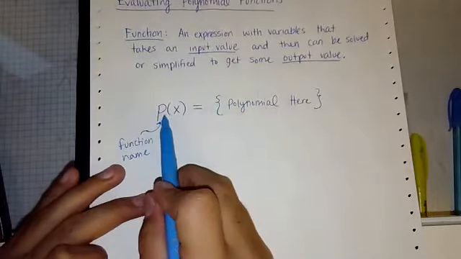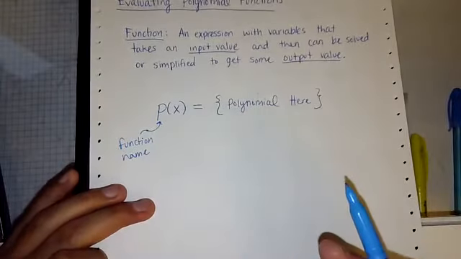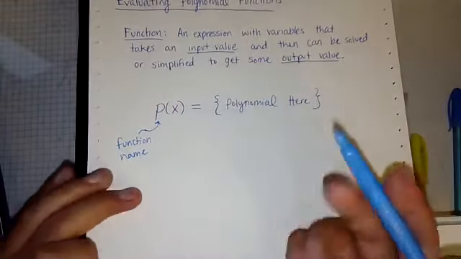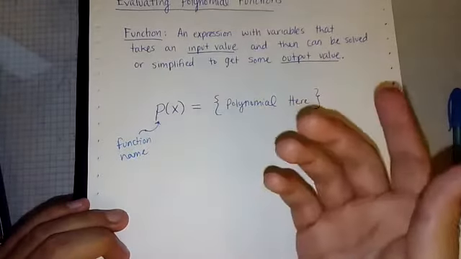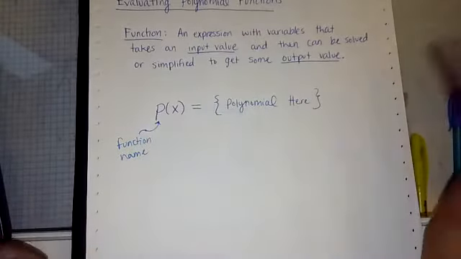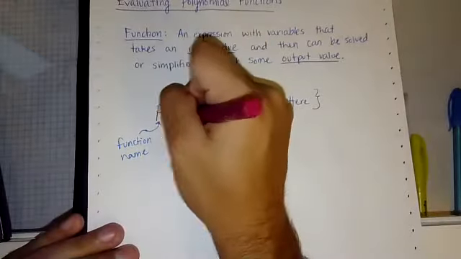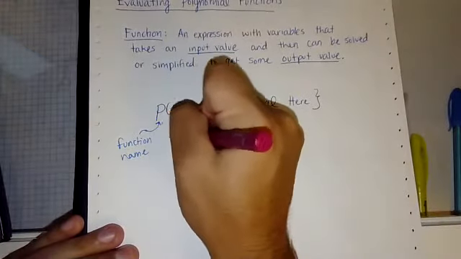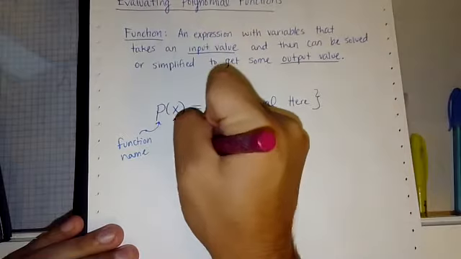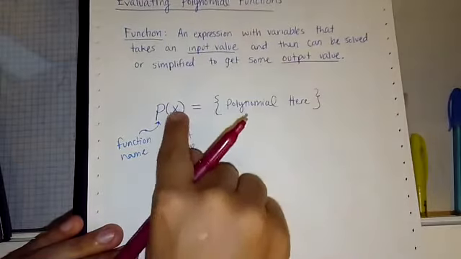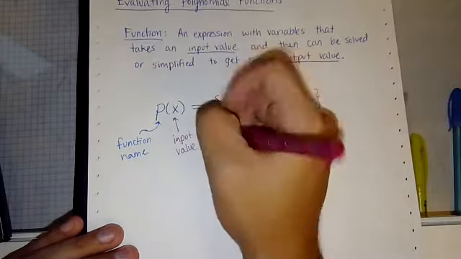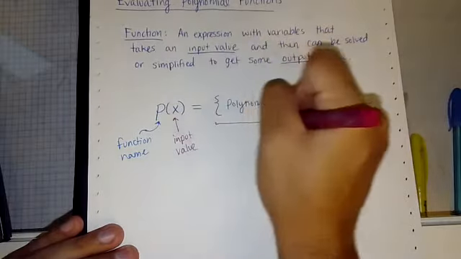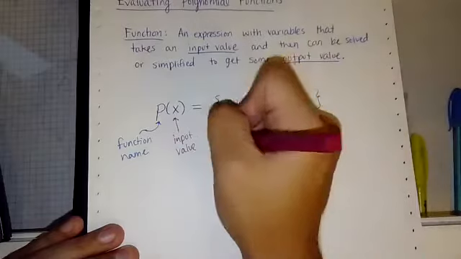Because we're working with polynomials, we're just going to call them p for now, but the function name could be anything. In college algebra, we use f for a function's name. The x here is going to be the input value. So they're going to give you a number here that you're going to plug into the equation, and this is usually the polynomial expression over here.